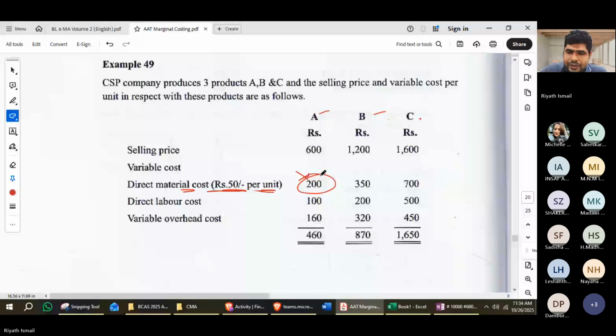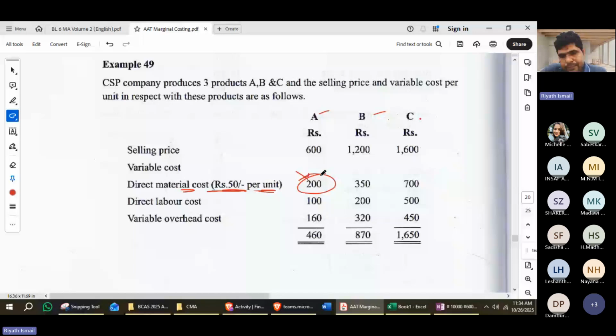For A, how many units of direct material to produce 1 unit of A? It has a 200 rupees material cost. Per unit of material, you need 50.